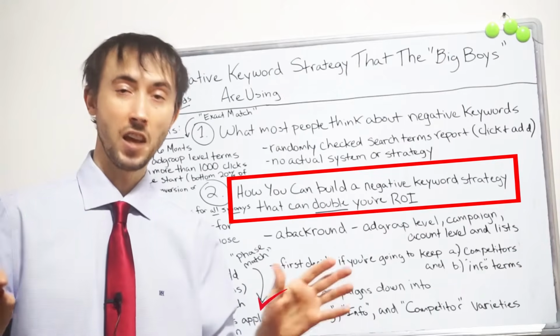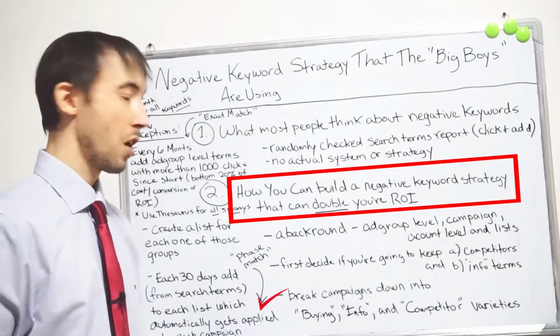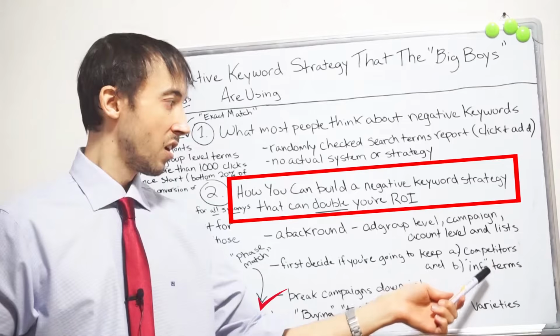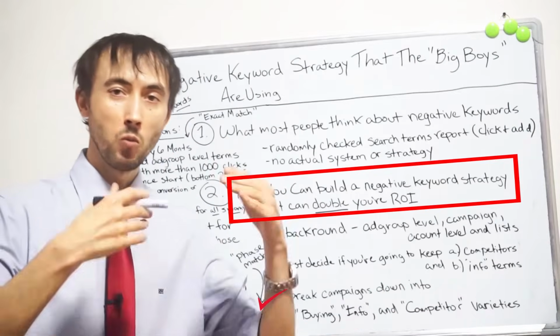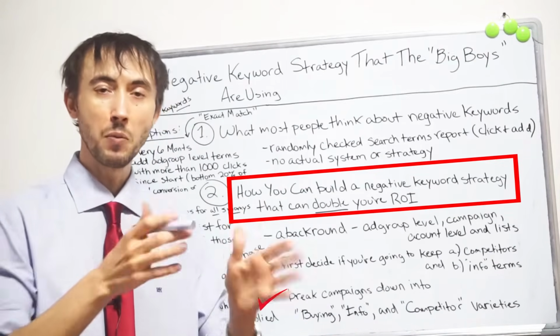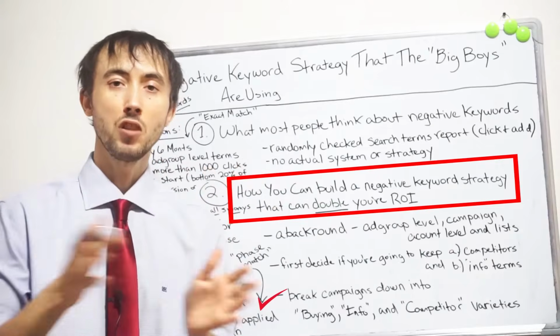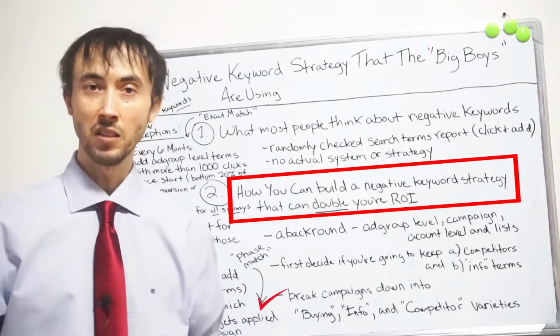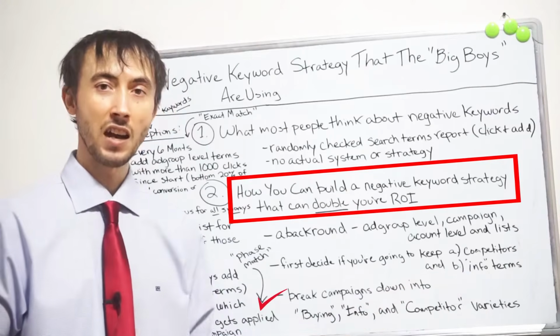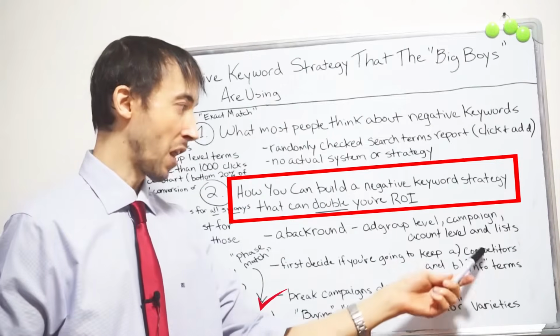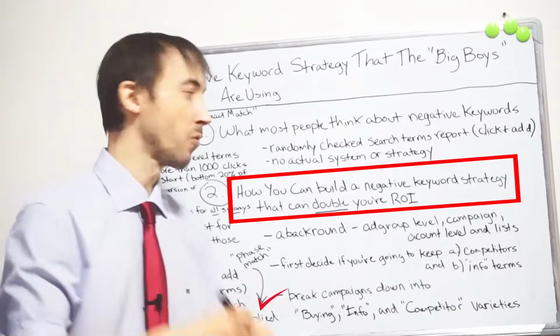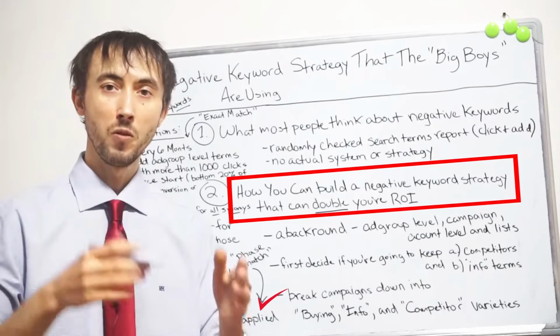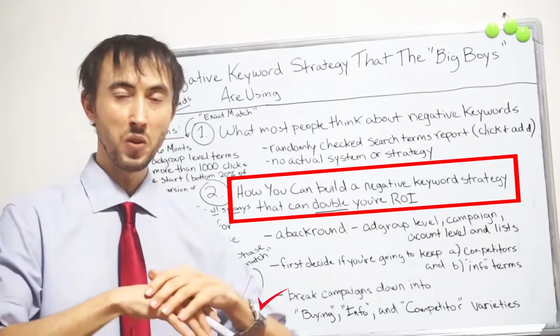I'm not doing it on a campaign by campaign basis, because if one info term is found in one campaign, that same search term should be added to all other campaigns, because that's what makes sense, right? Same thing with competitors. If you don't want your ads to show up for competitor searches, well, if you find it in one campaign, you want it applied to your whole account.